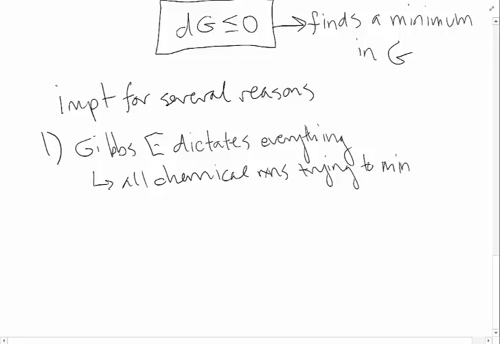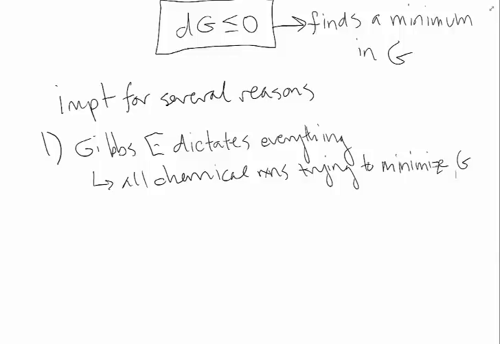Why does a chemical reaction occur? Because it's trying to minimize its Gibbs energy. All chemical reactions at all times, whether they're chemical reactions in our body or the chemical reactions associated with combustion, the reason that a chemical reaction occurs is that it is trying to minimize its Gibbs energy. The entire forces of nature are always trying to minimize the Gibbs energy.